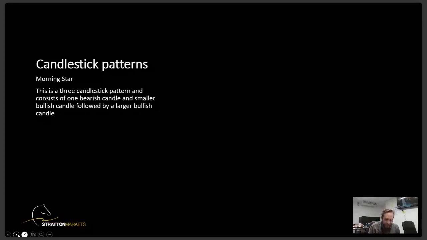The Morningstar, okay, this is part of a three candlestick pattern. And this time, it consists of one bearish candle, a smaller bullish candle, and a bigger bullish candle. It looks a little bit like this.